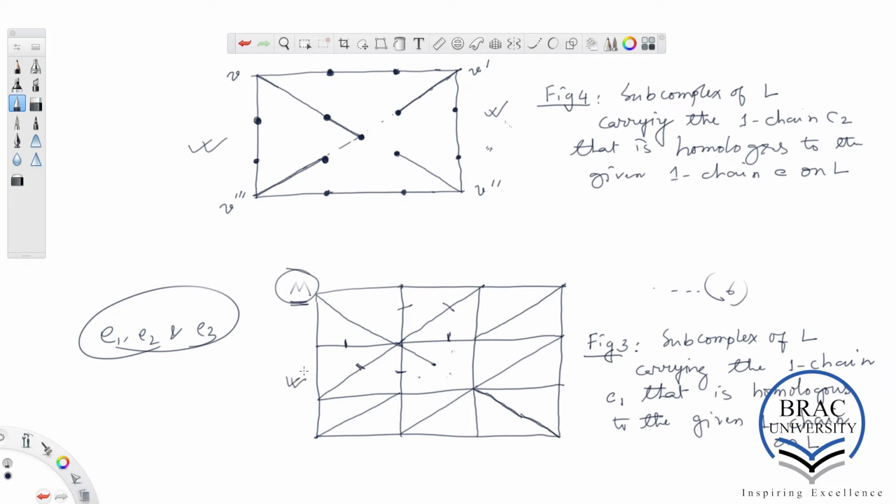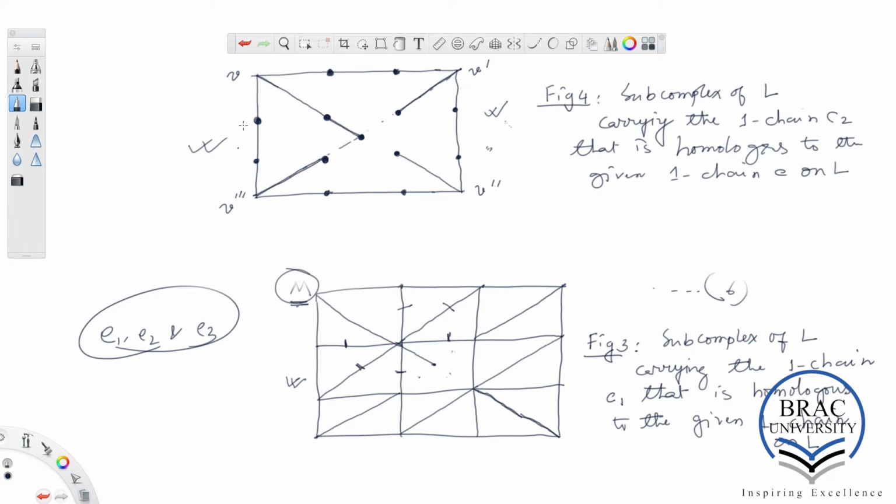But previously we have proven that the given one chain defined on the complex L is homologous to the one chain carried by the subcomplex M. So that way you prove that the one chain that one defines on the given complex L is actually homologous to a one chain carried by this subcomplex of L.